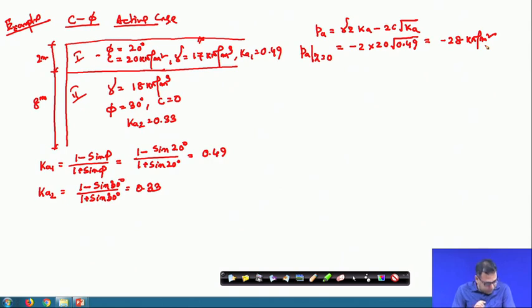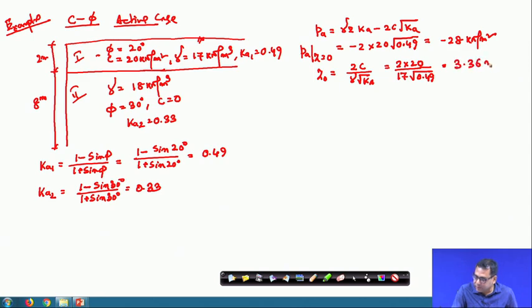Now, we can calculate what is the Z0 value. Z0 expression is 2 C divided by gamma root KA. So, 2 into 20 divided by gamma is 17 and root 0.49. Okay. So, that Z0 value is coming to 3.36 meter.